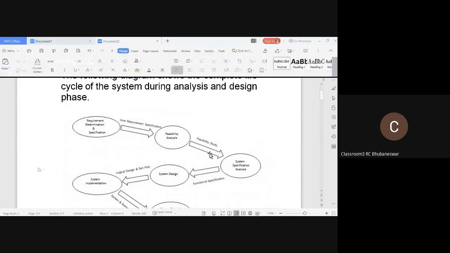So the phases are: requirement analysis, where requirements are determined and specified, then feasibility analysis, whether this is feasible or not.